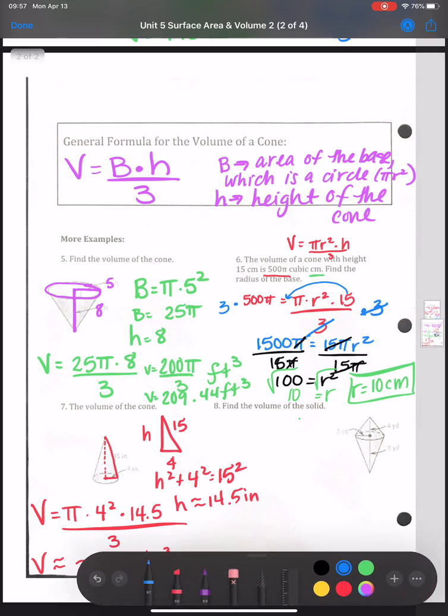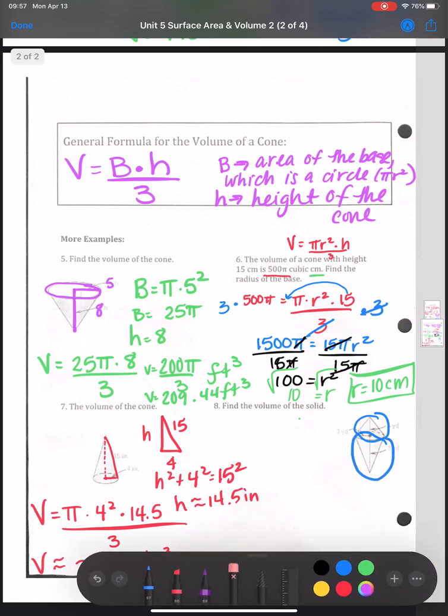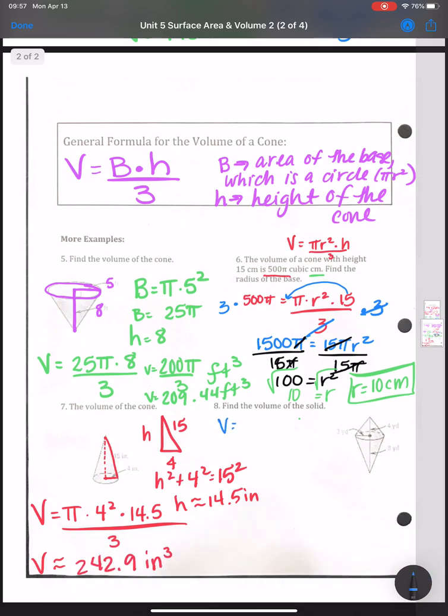And then our last one here, we want to find the volume of the entire solid, which would be the volume of the small cone plus the volume of the big cone. So we're going to have to add those two together. So my total volume is the volume of the small cone plus the volume of the large cone.